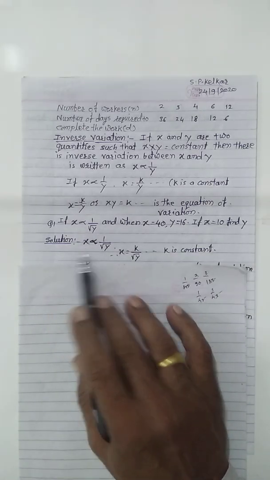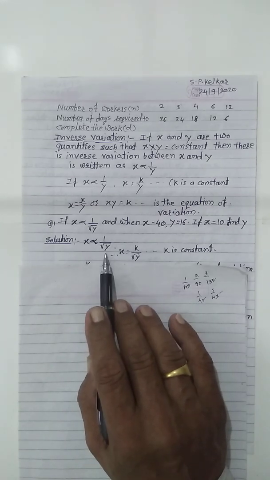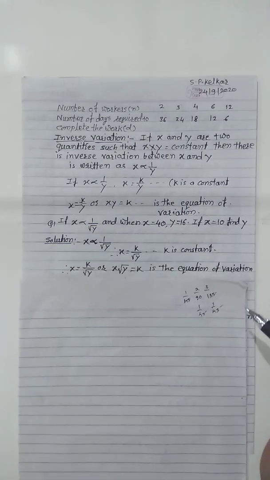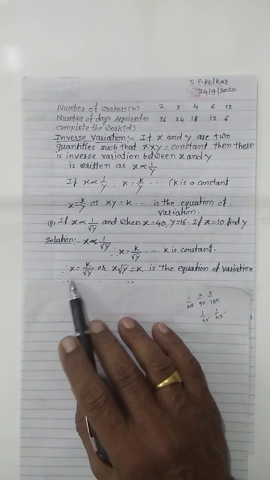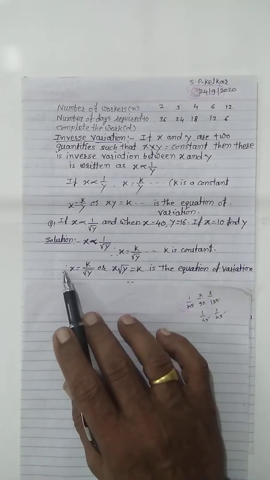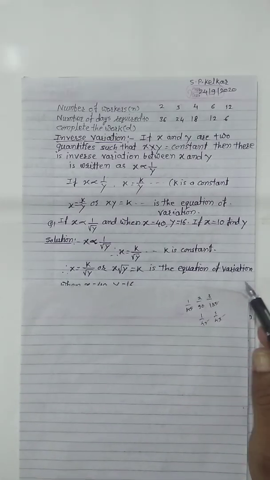Solution. In solution, x is inversely proportional to under root y. x equal to k upon under root y, where k is constant, or x into under root y equal to k is the equation of variation.